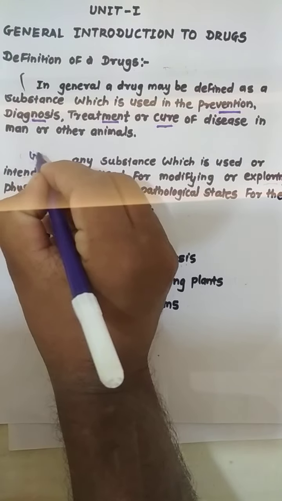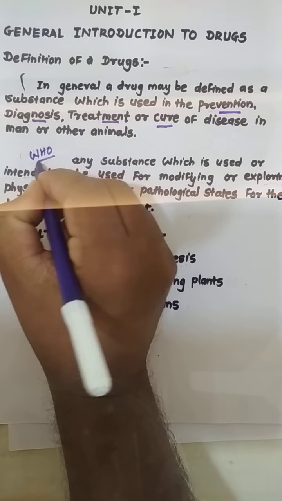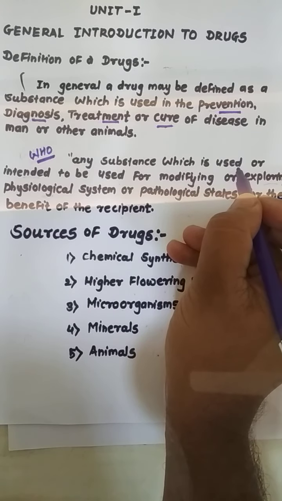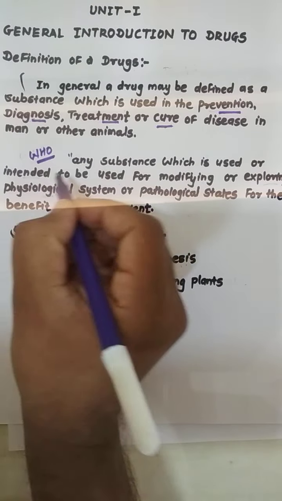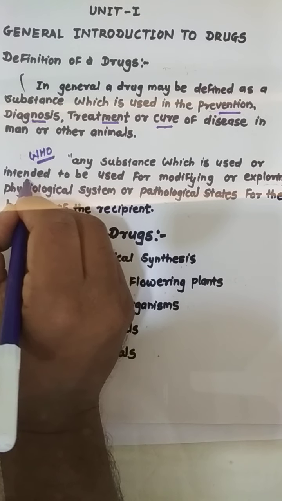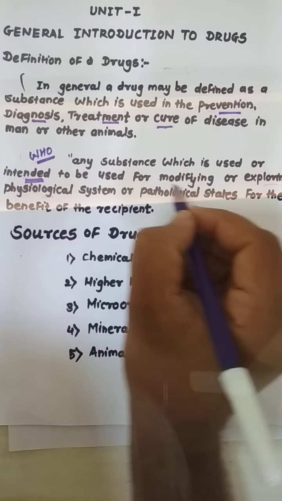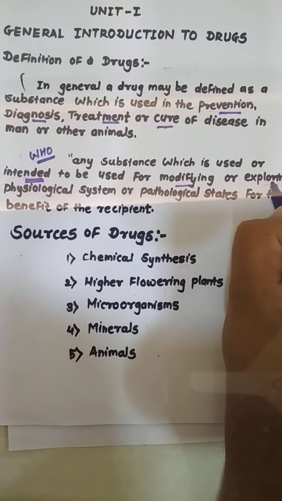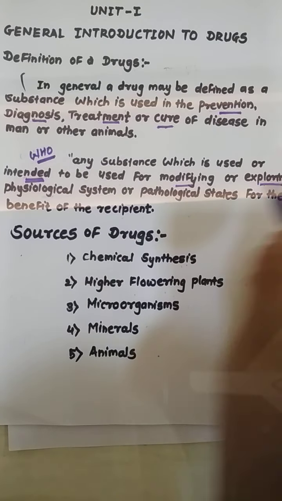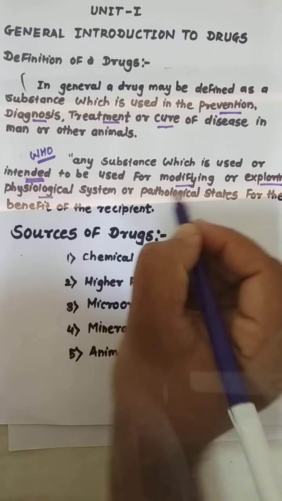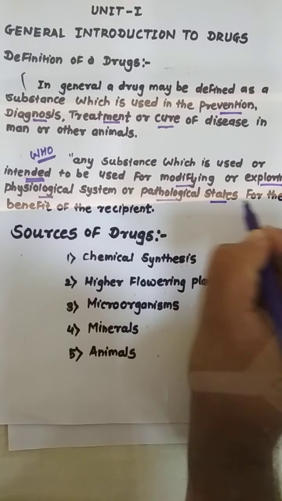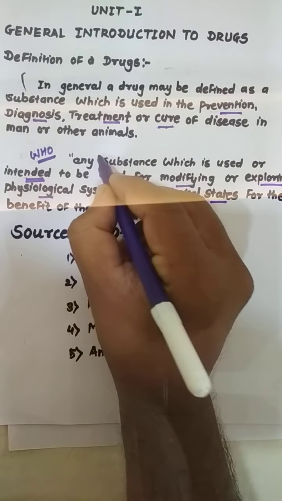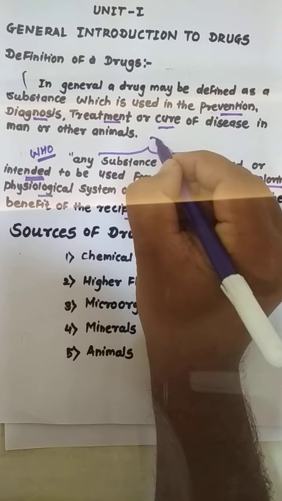According to the definition given by WHO, any substance which is used, or intended to be used, for modifying and exploring physiological systems and pathological states for the benefit of the recipient is called a drug.